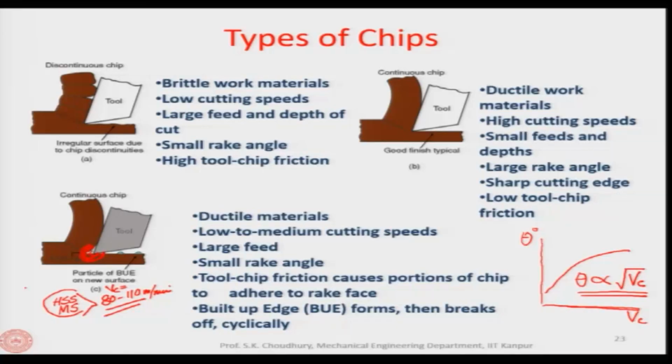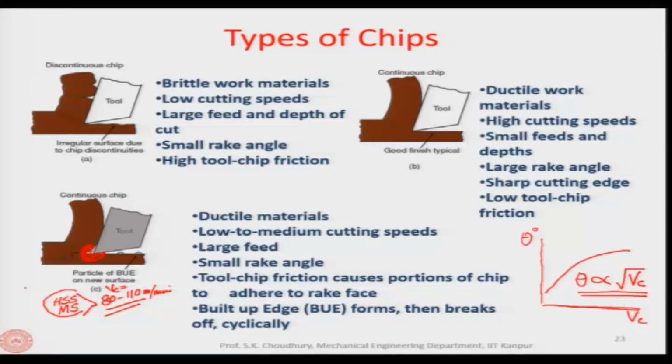Now, the built up edge, as you understand, is not desirable, because as it is formed, the tool geometry is changing. And this is a dynamic process, because the built up edge grows and then it breaks because it becomes unstable.